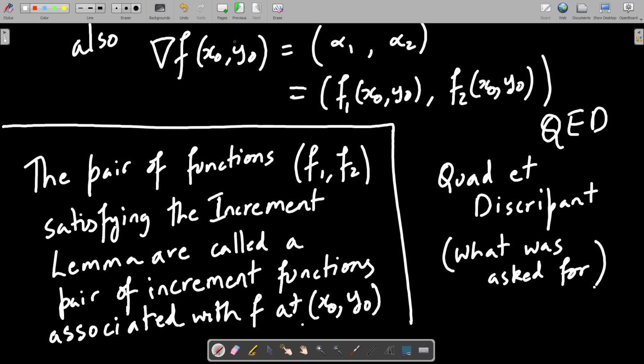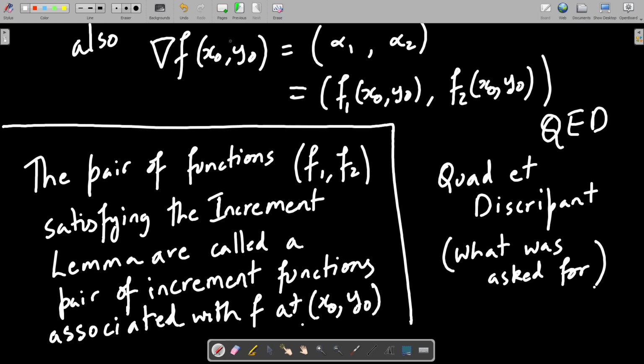It had that x minus x naught term in that function. It was alpha 1 plus (x minus x naught) times capital F divided by that quantity, and alpha 2 plus (y minus y naught) times capital F for the second function. So if you change your x naught and y naught, the functions might change, but in certain situations they won't.